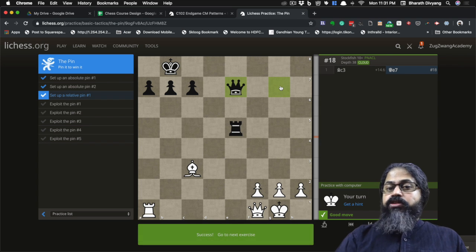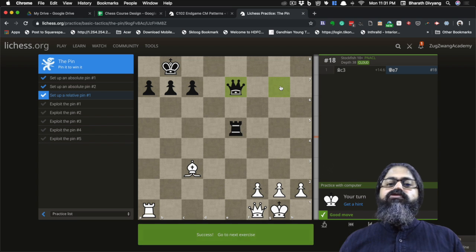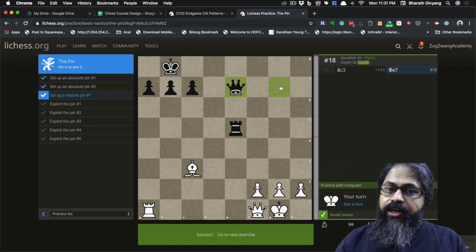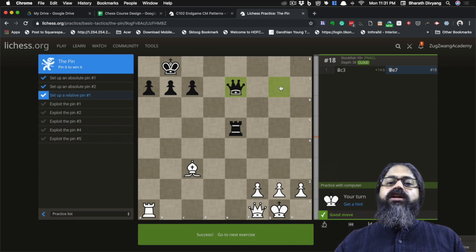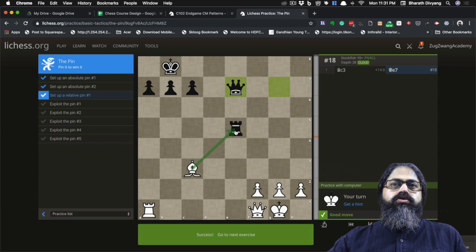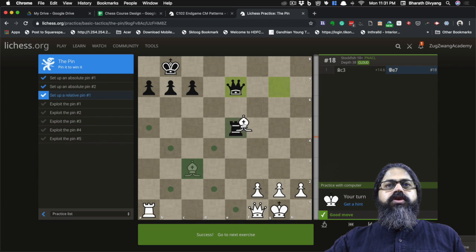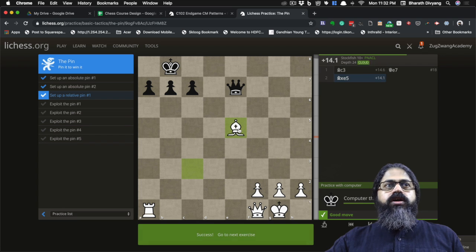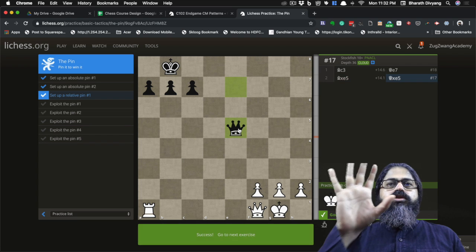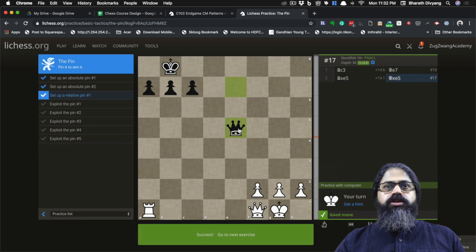In an absolute pin, the rook cannot move. It's an illegal move for the rook to move. Whereas in a relative pin, the rook just doesn't move because he would lose something much more. And thereby he would rather not move and lose the rook than move the rook and lose the queen. So these are the 2 types of pins that you would need to know.